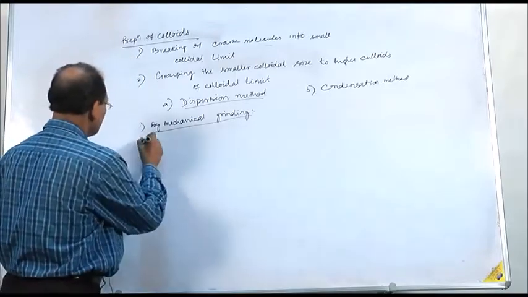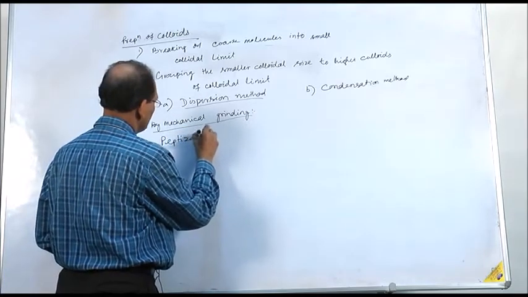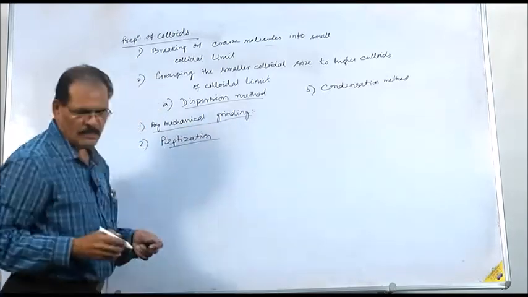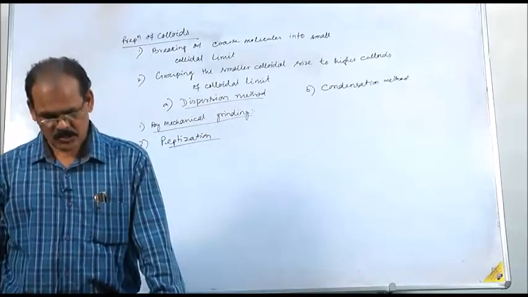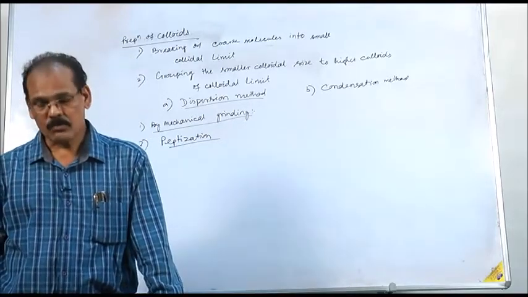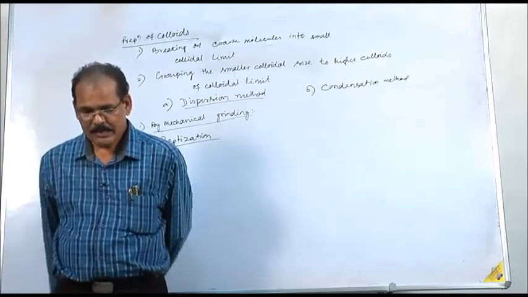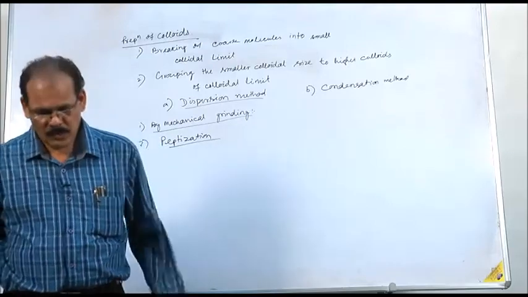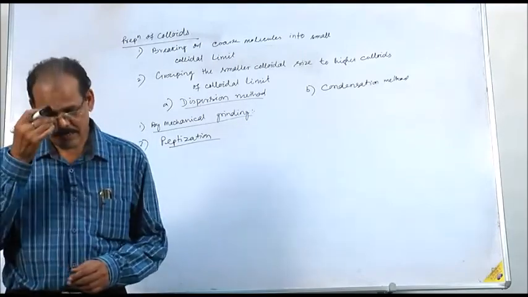Second thing is peptidization. In this case, certain precipitates such as silver chloride, ferric hydroxide, aluminum hydroxide can be converted into colloidal state by addition of small amount of electrolyte.